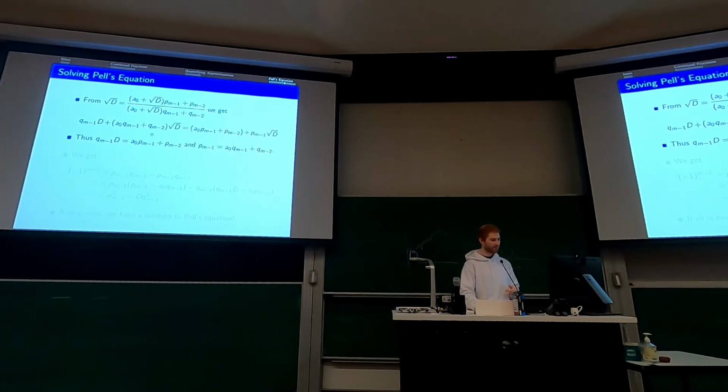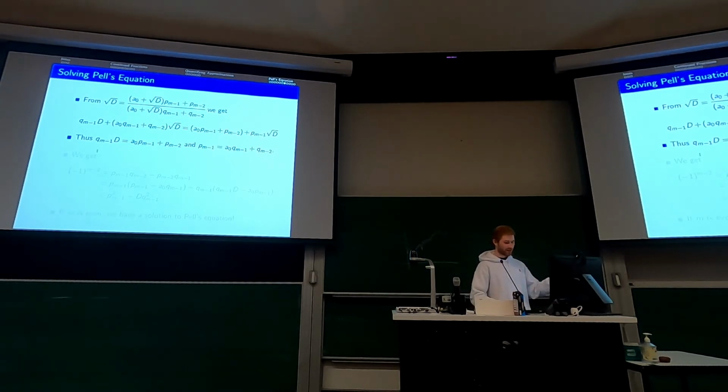So we say this bit is equal to the rational bit over here. So q minus d is equal to this guy. Okay? And then we can equate the irrational bits. So we get that this guy is equal to p(n minus 1), right? And we can divide both sides by square root of d, I guess. So yeah, we equate those two parts.